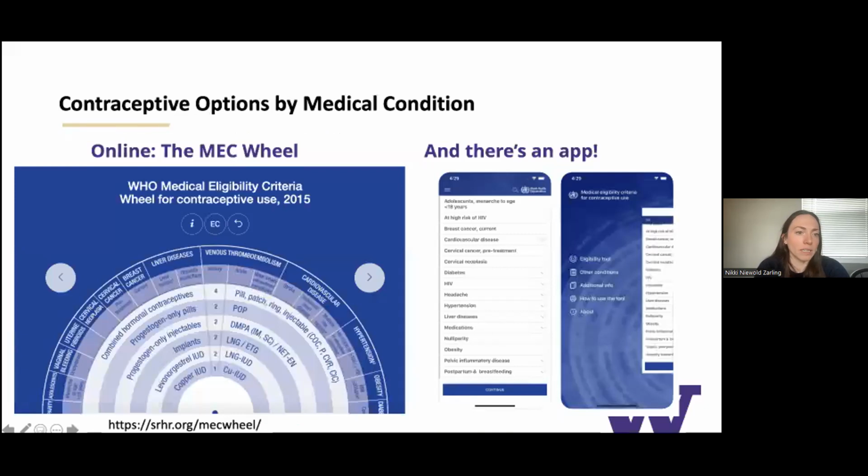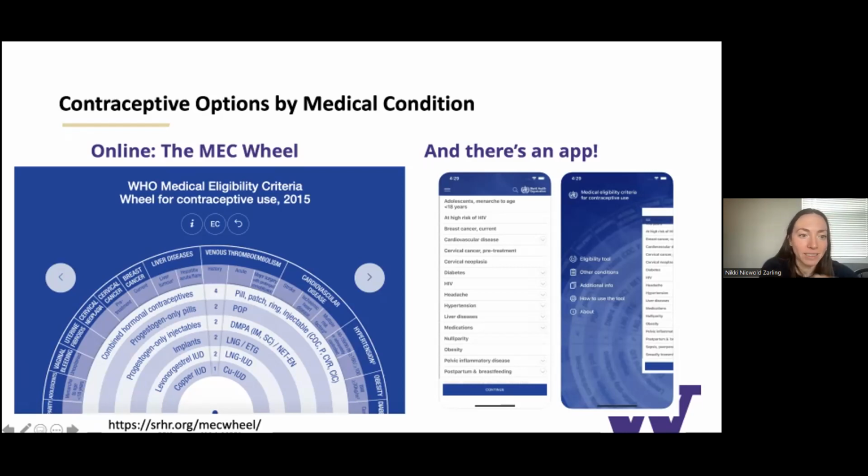So the World Health Organization has some resources that I find a little bit more user-friendly. Again, MEC is medical, oh gosh, I have managed to forget what it even means. But there's an online website called the MEC Wheel, where the medical eligibility criteria, there you go, Priyanka. On the outside of this wheel, you see different medical conditions.